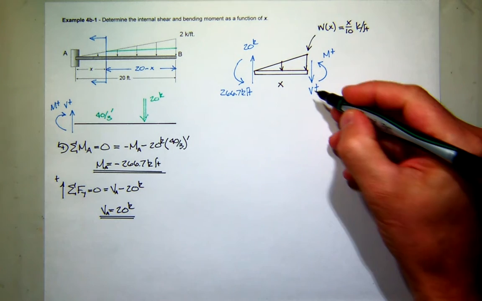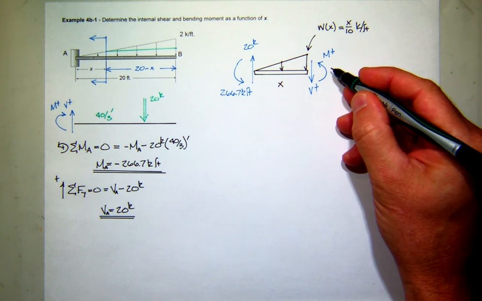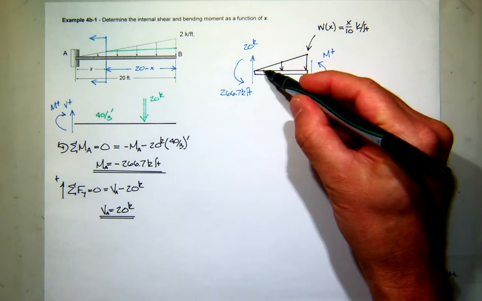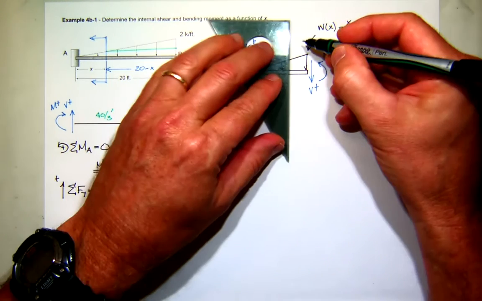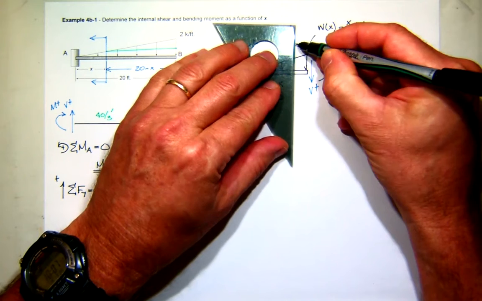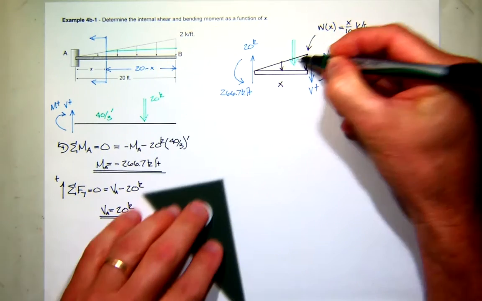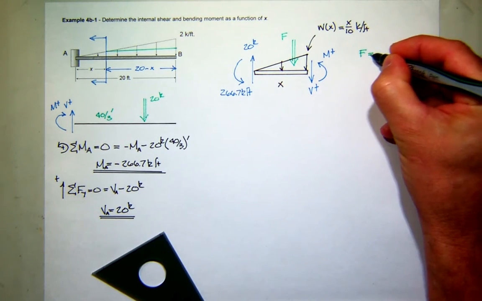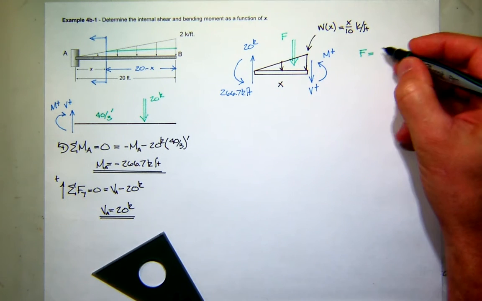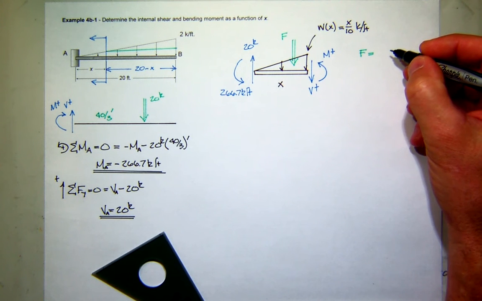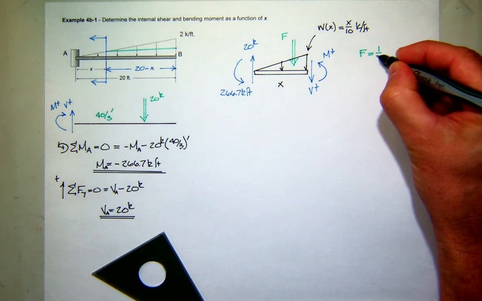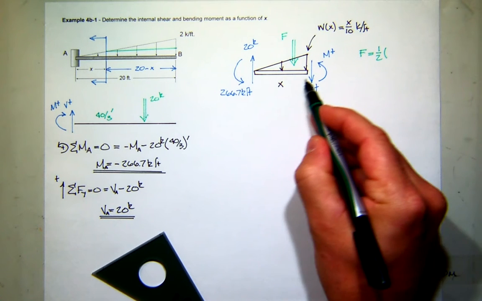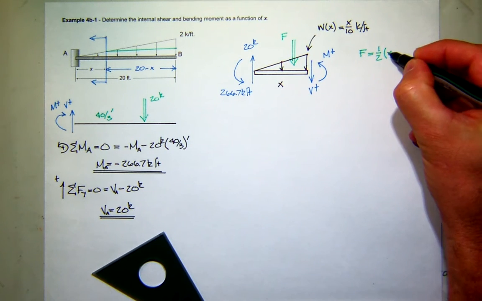Two. Shear and moment. Now, I don't want to deal with the distributed load, so I'm going to deal with the concentrated equivalent force. I'll just call it F. And what is F? It's a triangle. Triangle is what? 1/2 base times height. What's my base? x.